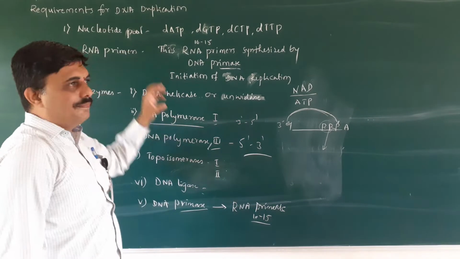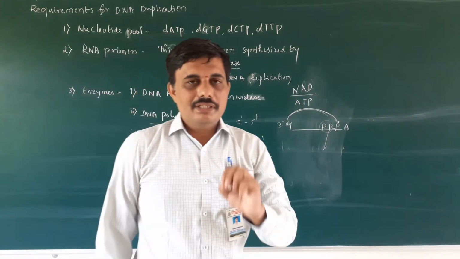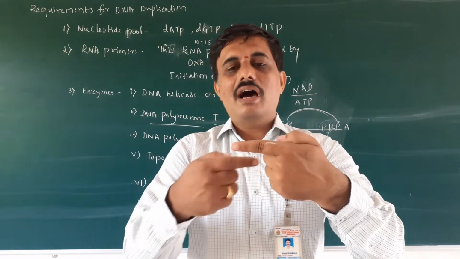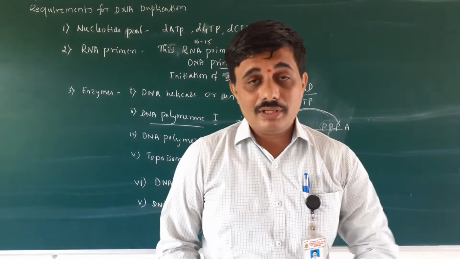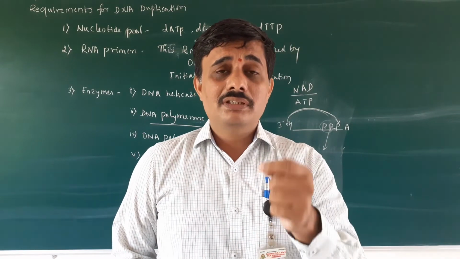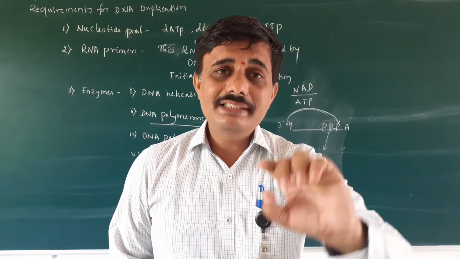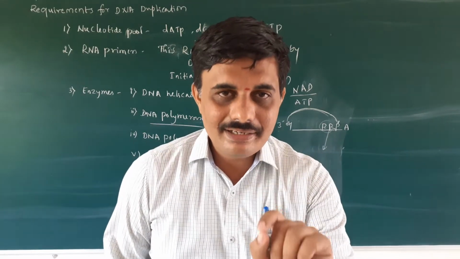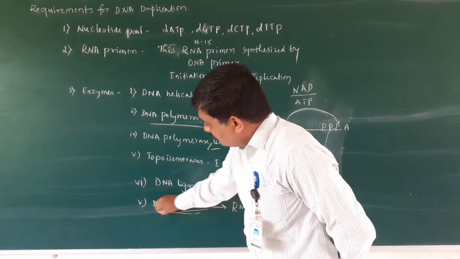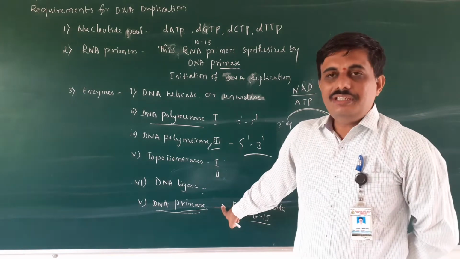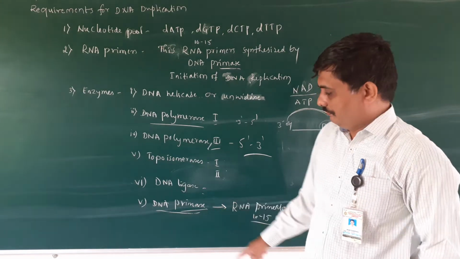And DNA duplication requires short RNA primers of 10 to 15 nucleotide length, involved in the initiation of DNA duplication. These short RNA primers are synthesized by the DNA primase enzyme.